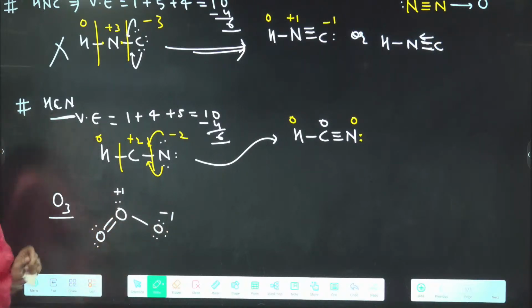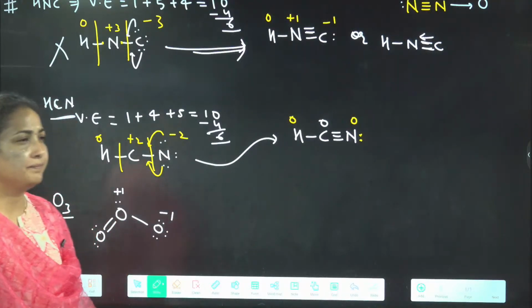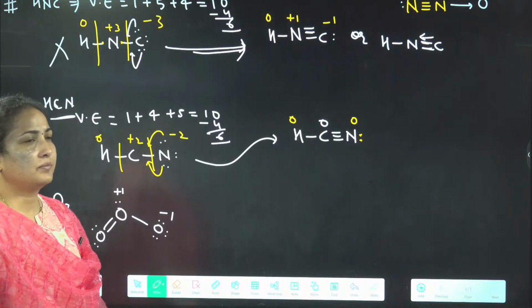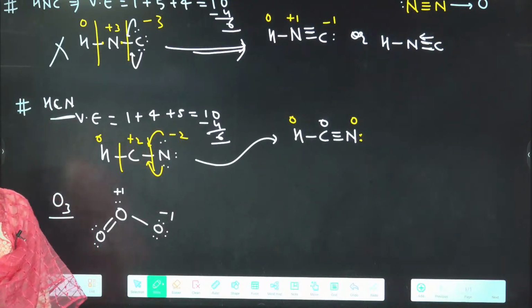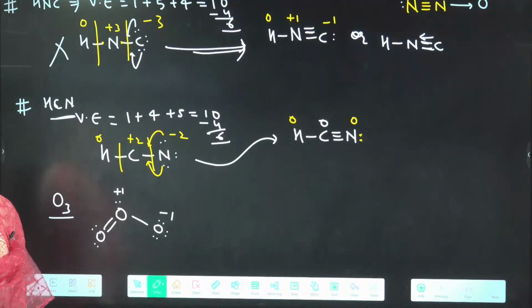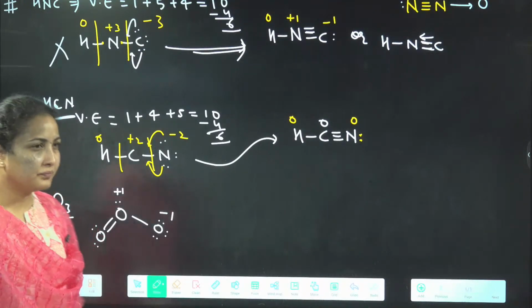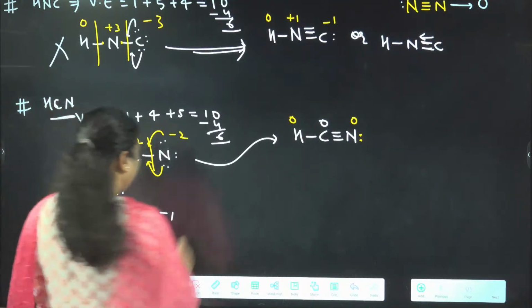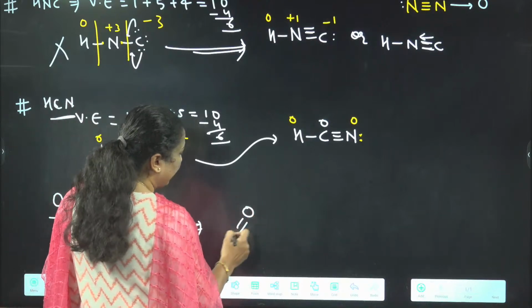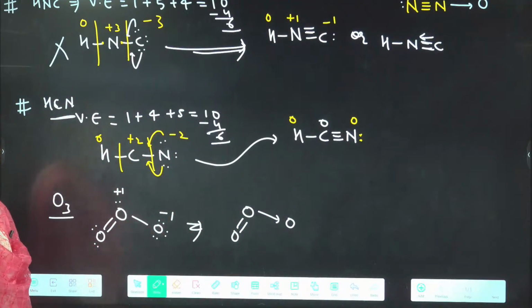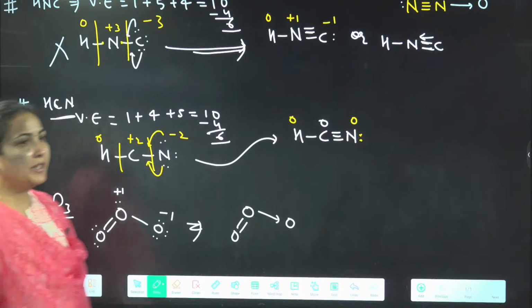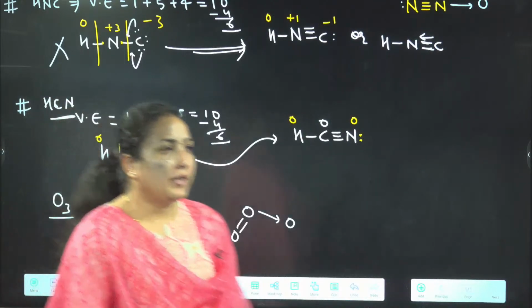Now, can you tell me, will there be any coordinate covalent bond here? Yes, correct. You are having this now. I can write like this, a coordinate covalent bond. Getting it? Fine, so now comfortable.